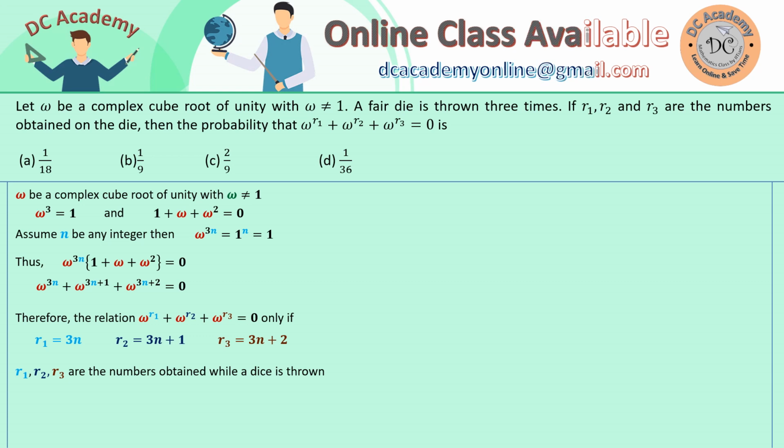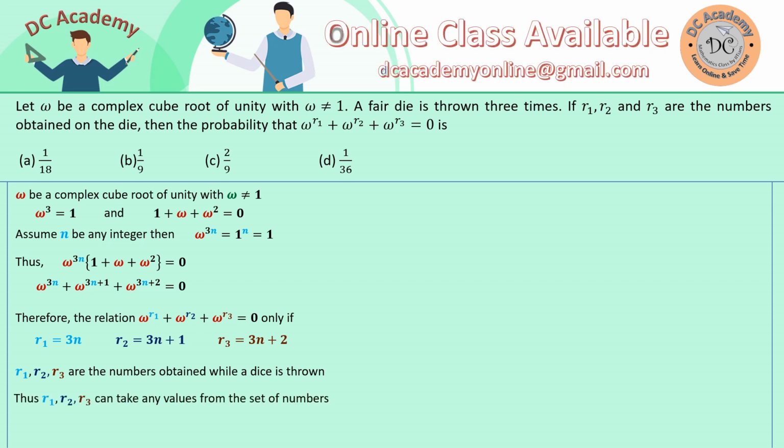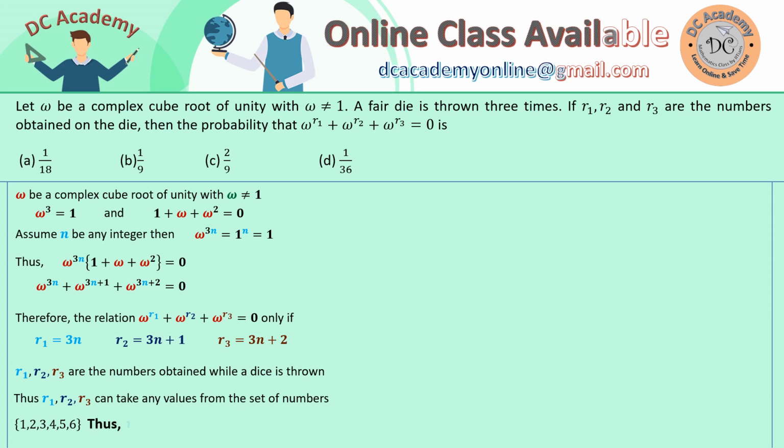Also notice that as r1, r2, r3 are the numbers obtained while a dice is thrown, these numbers can be chosen only from the set 1 to 6. So we have a bound on r1, r2, r3. Now, as r1 is of the form 3n, I can take the values 3 and 6, so n equal to 1 and n equal to 2.